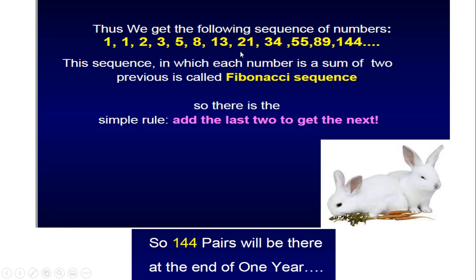And 21 plus 34 equals 55. 34 plus 55 equals 89. 55 plus 89 equals 144.